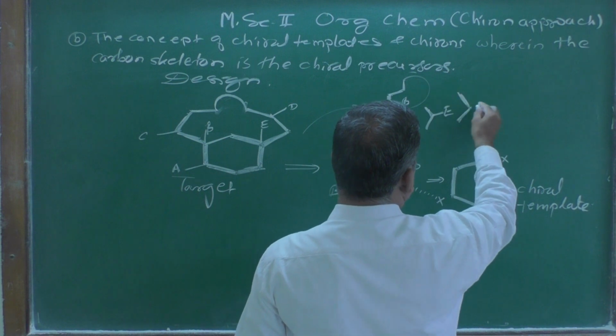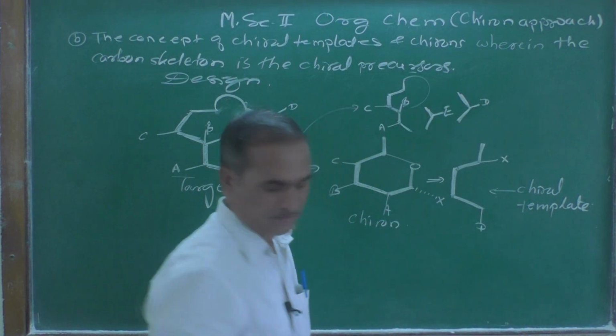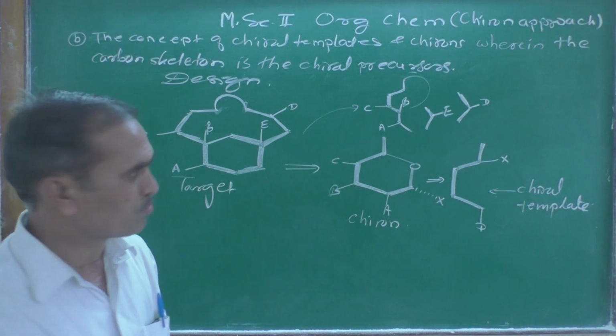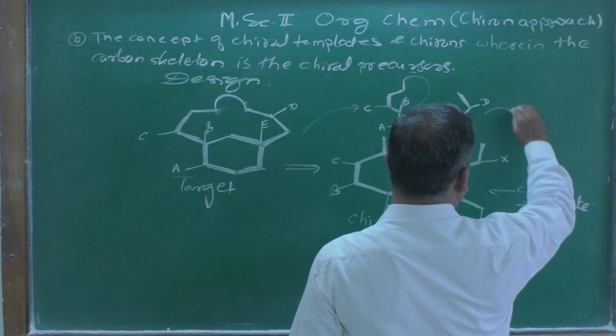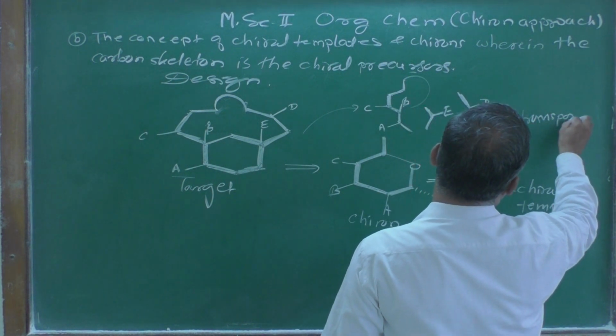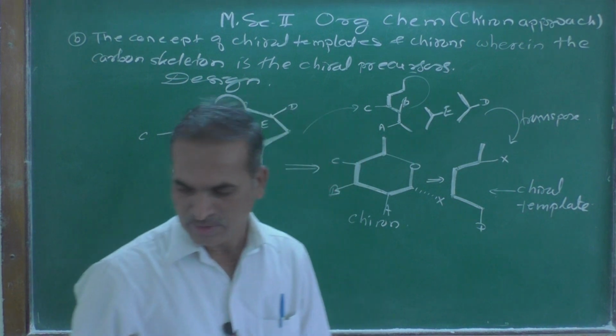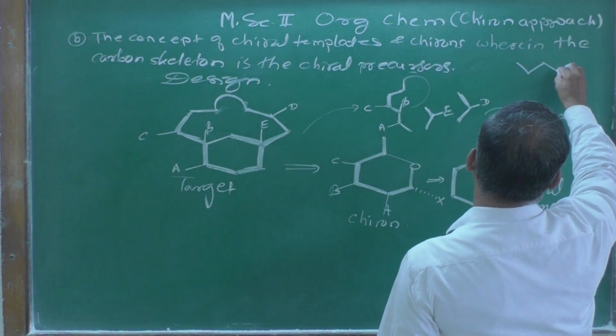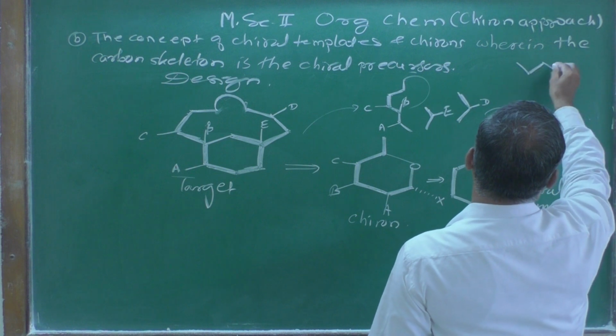This is a D, and this trans, and here you can write trans. You can get a skeleton like this.